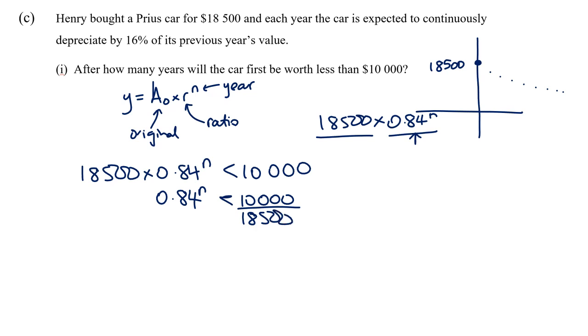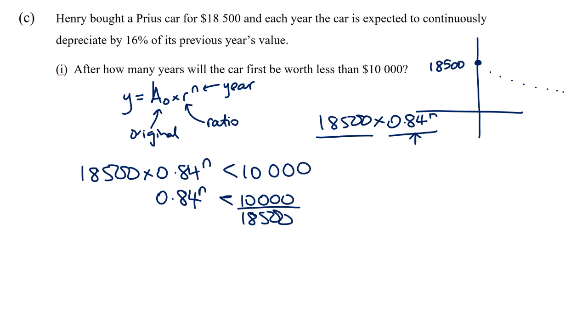Happy with that? So that's now just a complicated version of the very first question today. 10,000 over 18,500, that's just a number. That number is close to 0.5405. 10,000 divided by 18,500 is close to 0.5405. And the calculator should be roughly what it is. Might even be exactly, I don't know.